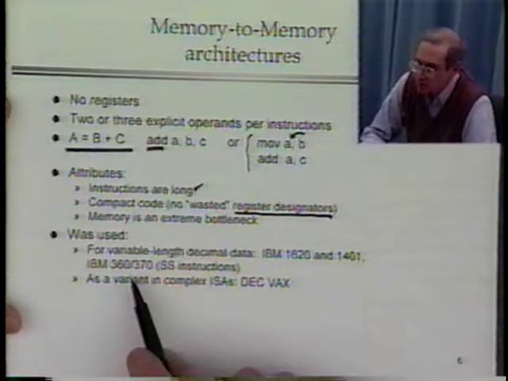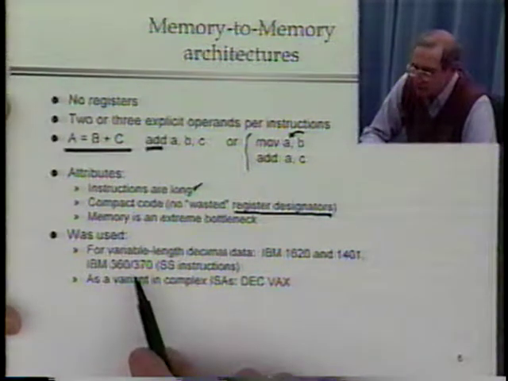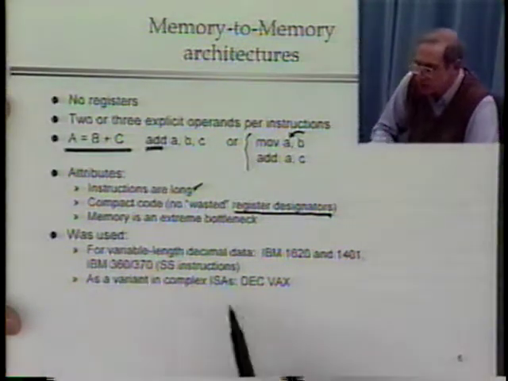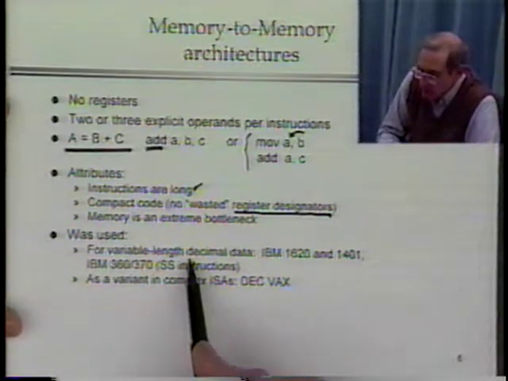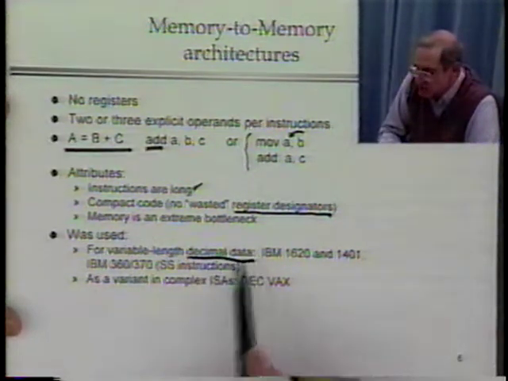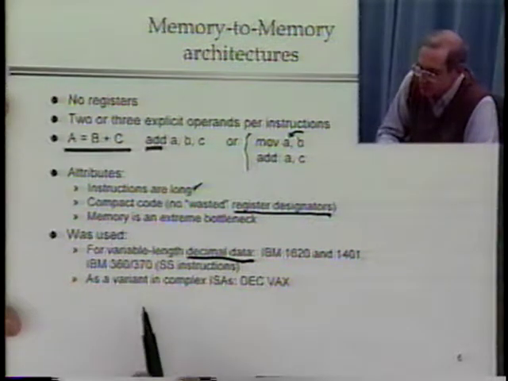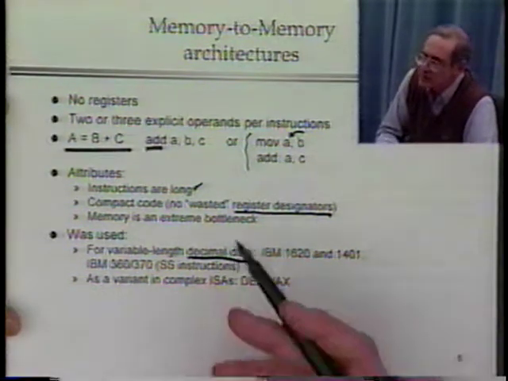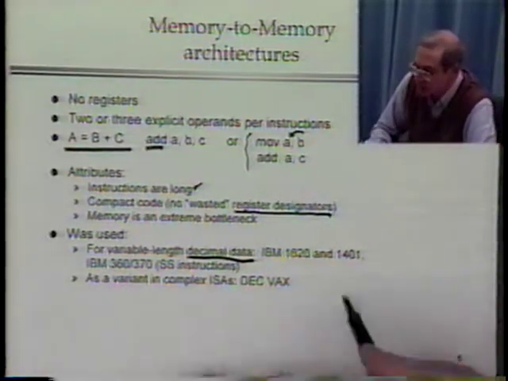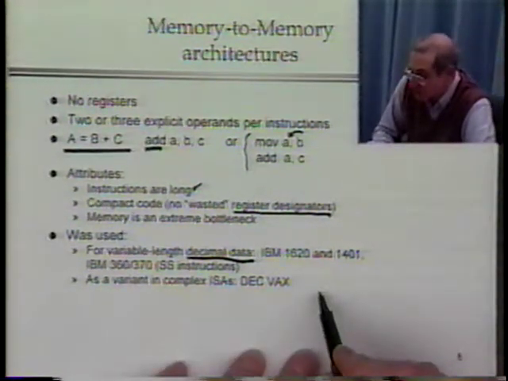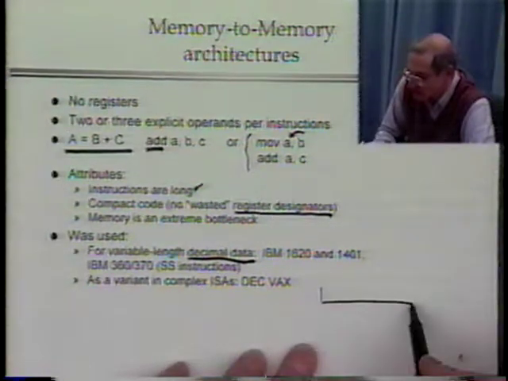There was a time in the old days when they were fairly popular, but mostly for non-binary arithmetic. It was very common, and in fact it still is common to some extent now, to have data types that allow you to store directly decimal arithmetic. And in those cases, the size of the data is unknown at compile time or even at execution time.